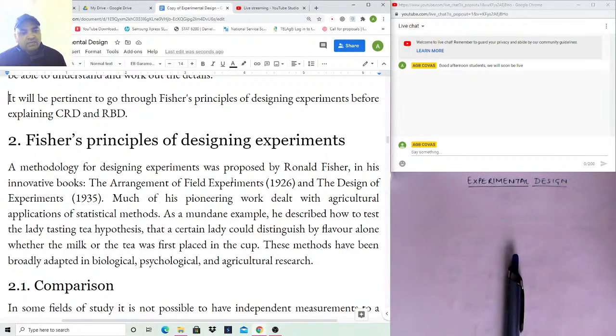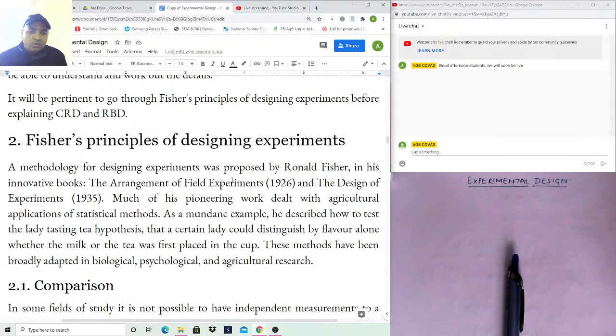So what are these Fisher's principles of designing experiments? The methodology of designing experiments was proposed by Ronald Fisher in his innovative book, and this book is being used by almost all the agricultural scientists. And this book has laid the foundation of ICAR actually in India.